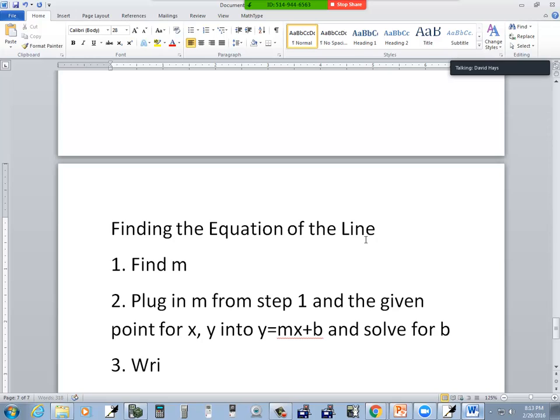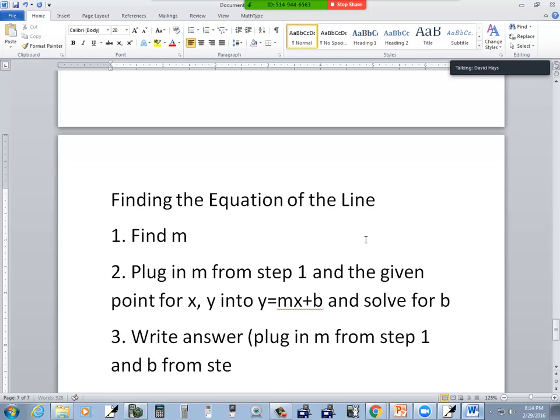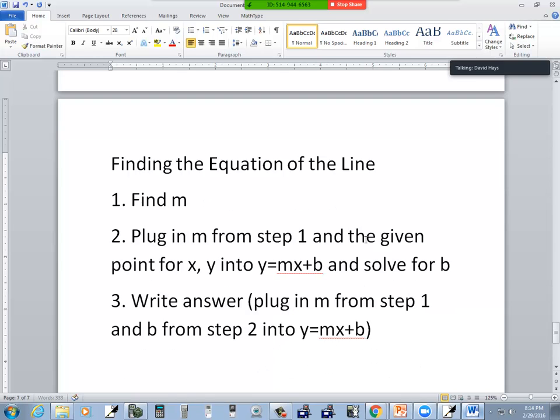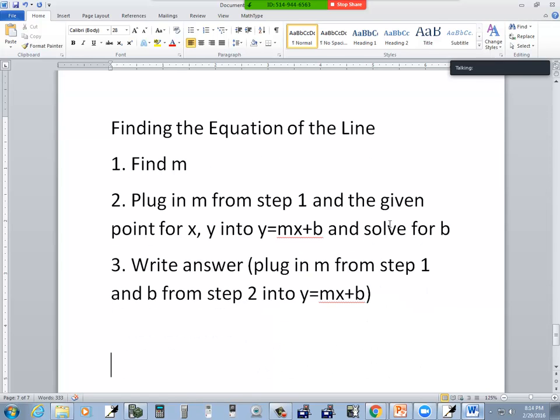And then step 3 is to write our answer down. We'll plug in m from step 1 and b from step 2 into y equals mx plus b. So these are the steps we're going to go through. And some problems you may find m's given to you. If you look in the textbook, there might be some problems where they give you m directly. So that first step is easy.